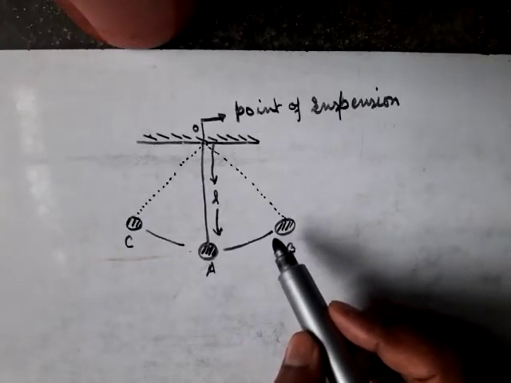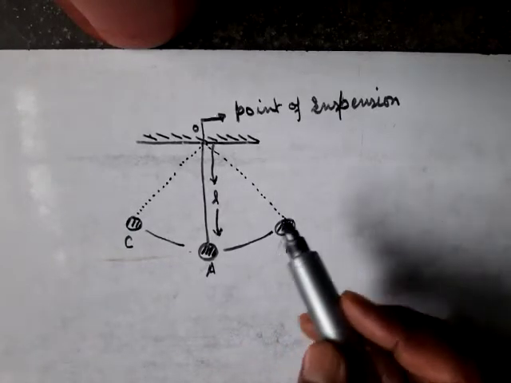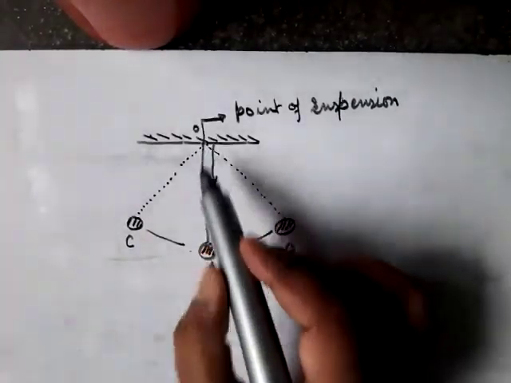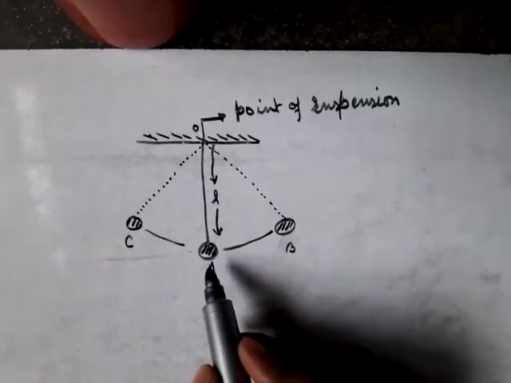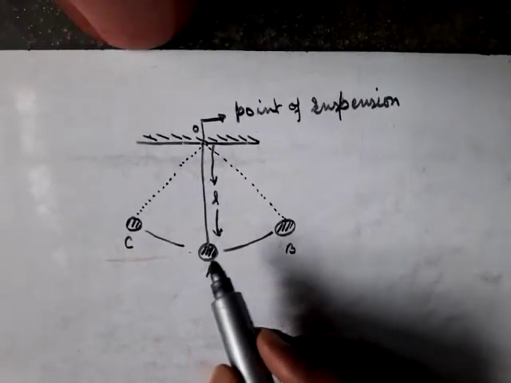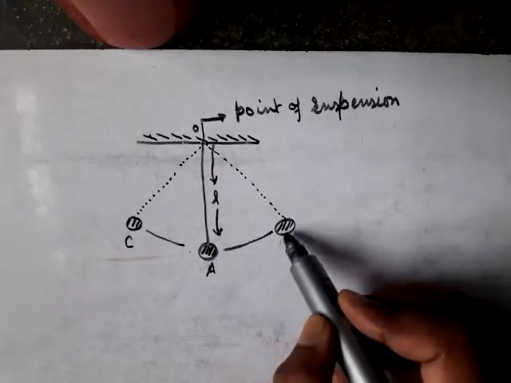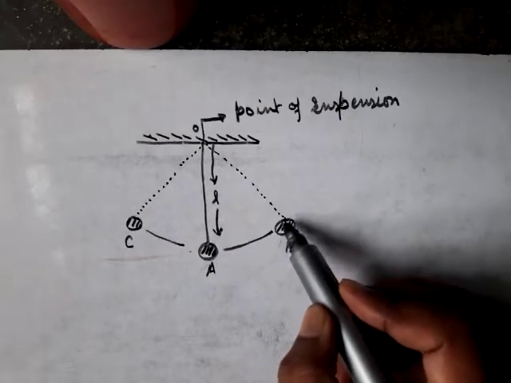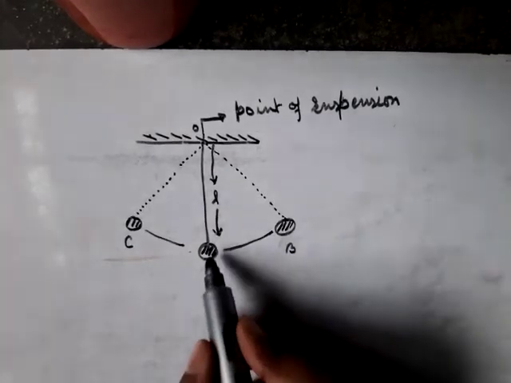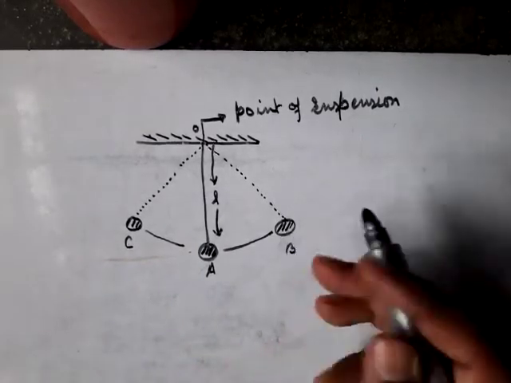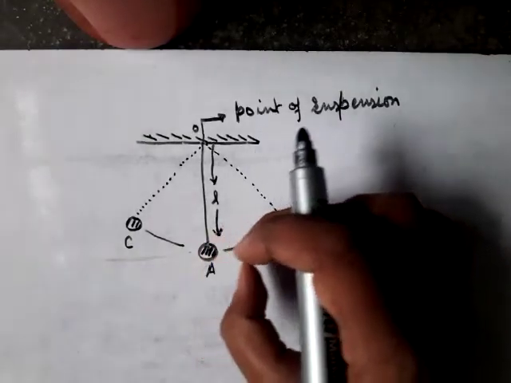So we will describe it one by one. Suppose OA is the suspended condition. Suppose now it is in rest position, it is not moving, but when we take this to a certain position, this is the extreme position when we allow it to oscillate.